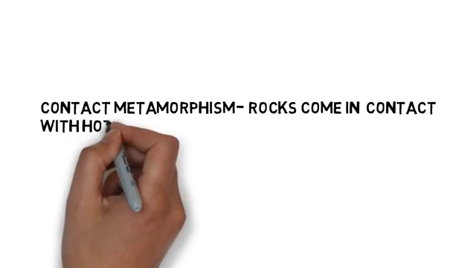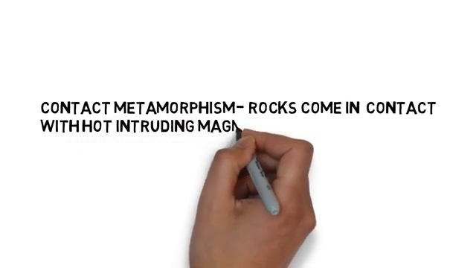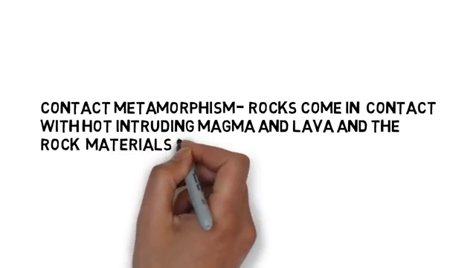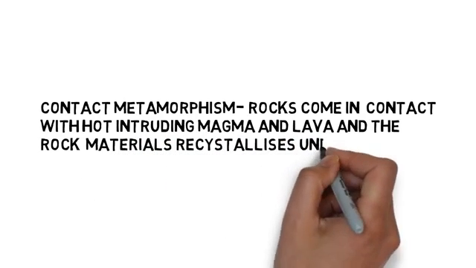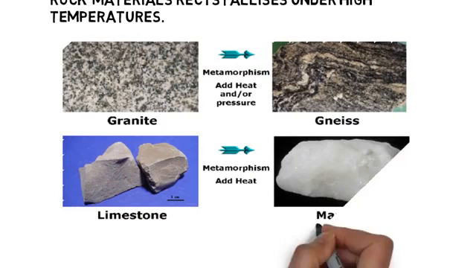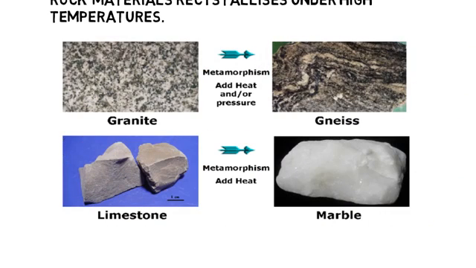For example, granite, which we know forms under the earth's crust after the solidification of magma, when it comes under the contact of hot lava, it transforms into gneiss. In the same way, limestone also metamorphoses into marble.